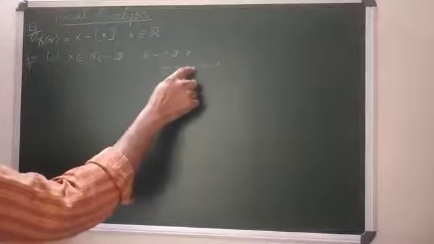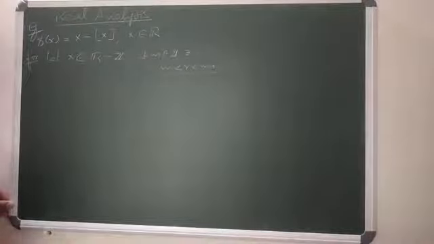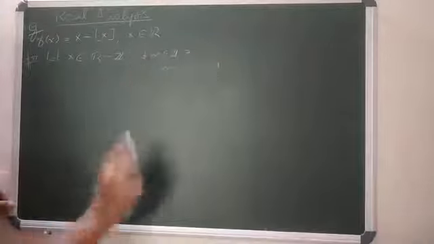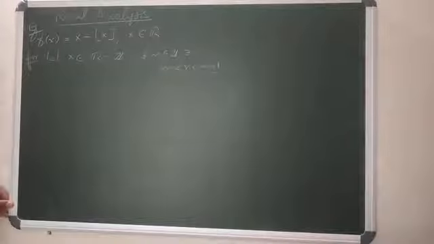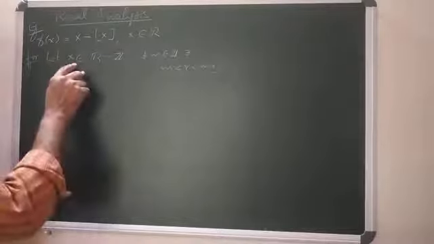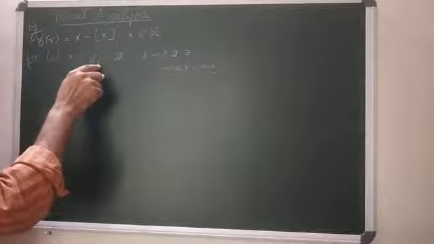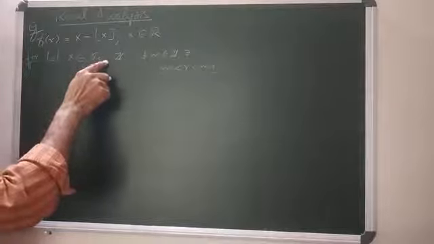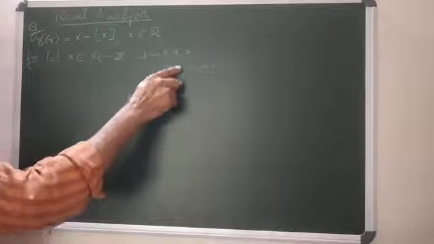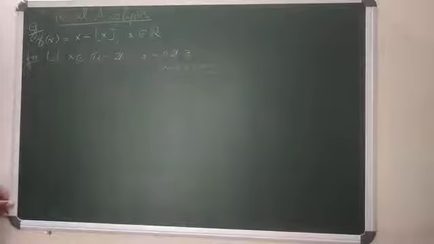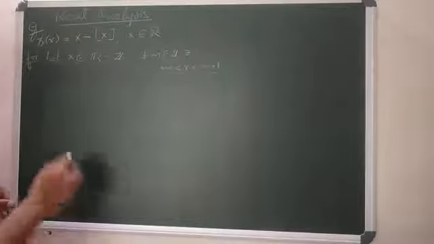So m less than r less than m plus 1, where m is an integer and m plus 1 is also an integer. Since x is in the complement of Z in R, x is not an integer, so you can find an r between two integers m and m plus 1. Agreed.